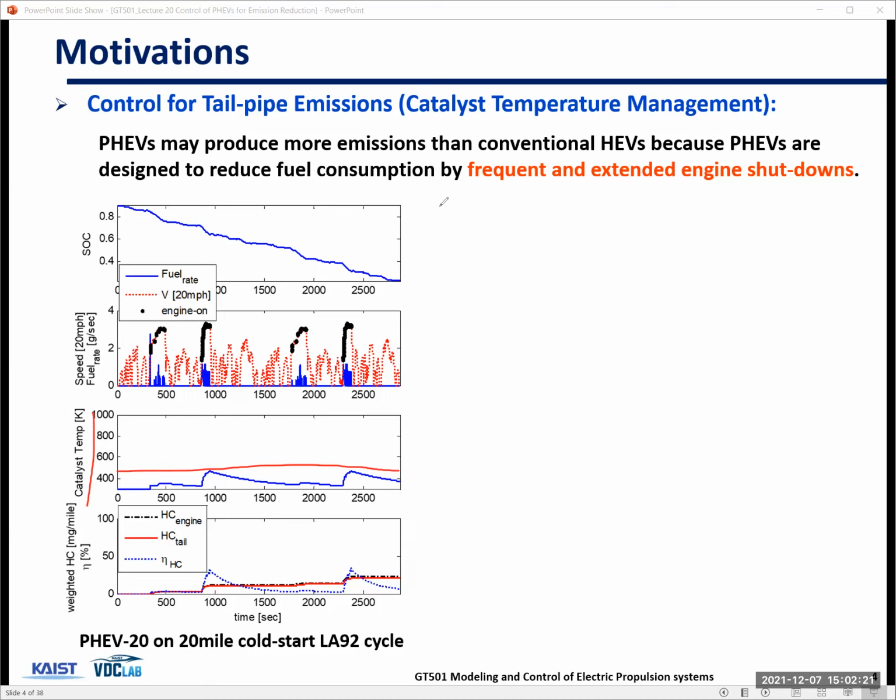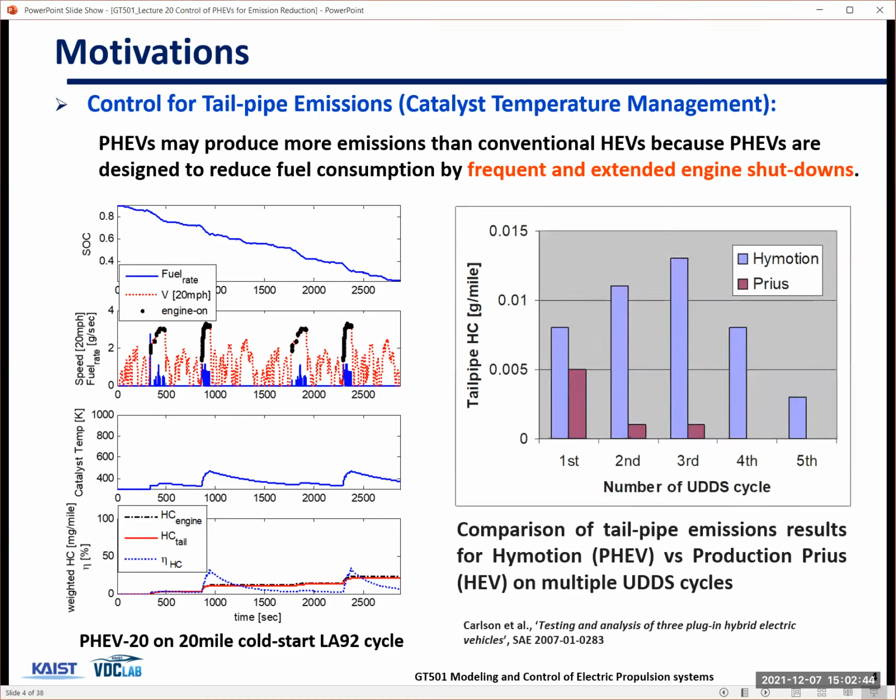And the irony is that if you don't control properly, PHEVs can produce more harmful emissions than a conventional powertrain because the converter is never activated. Okay. And you can also see that in data from the old days.